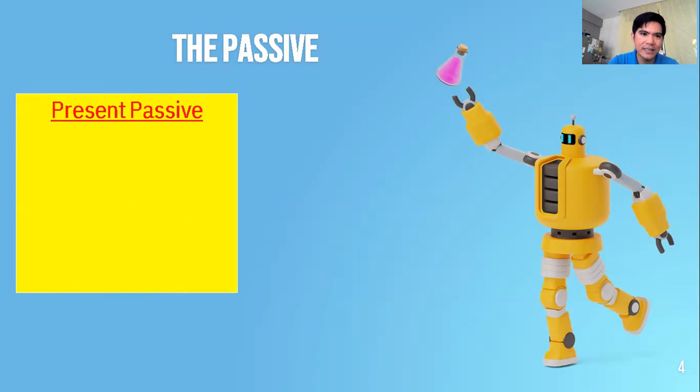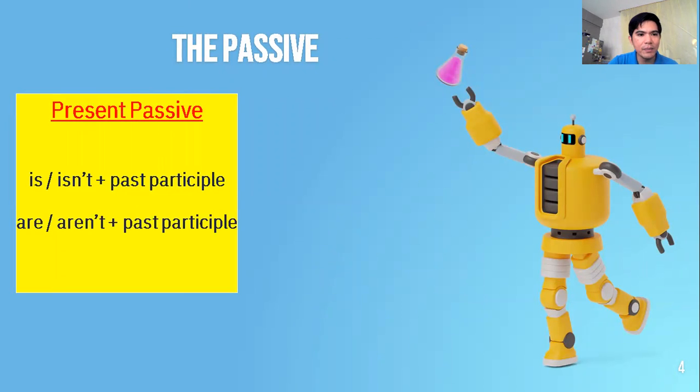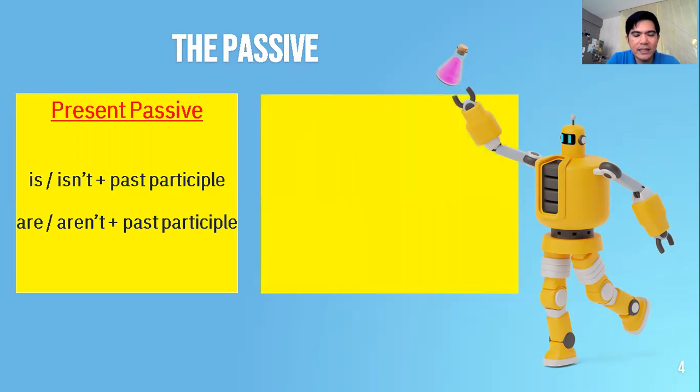How will we know that it's a present passive? If we use is, isn't plus the past participle form of the verb. And not only that, we know that it's present passive if we use are, aren't plus the past participle form of the verb.